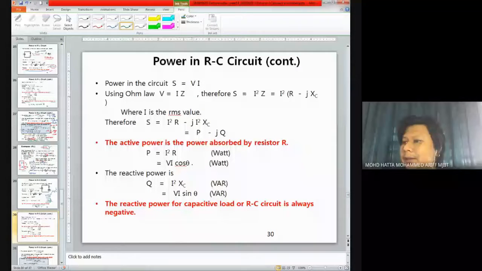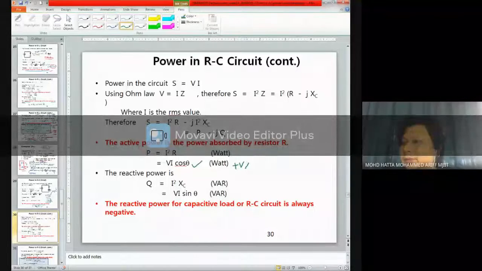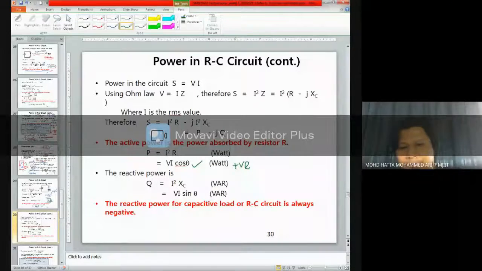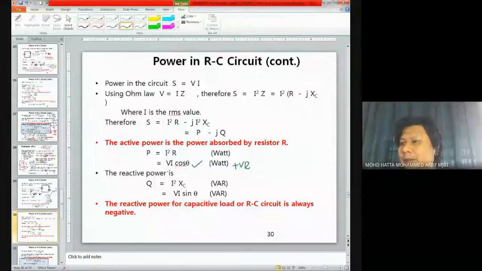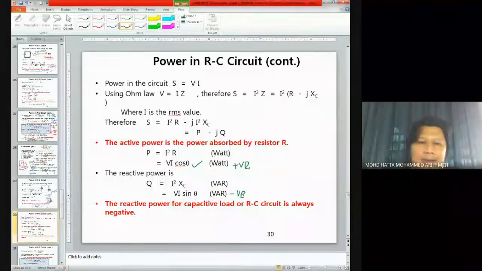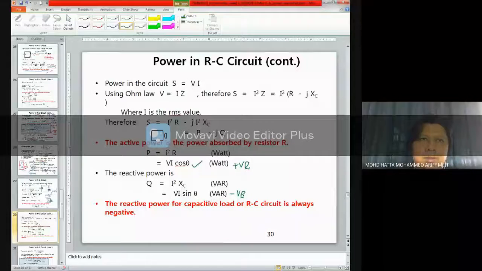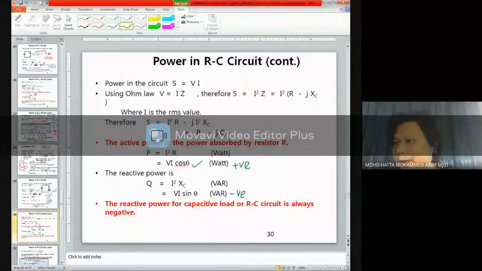So for P, it's given by VI cos theta, and P in this case will always be a positive value, because cos of negative theta always gives us a positive value. However, for reactive power, sine of a negative angle will give us a negative value, and of course Q in this case will be a negative value as well.